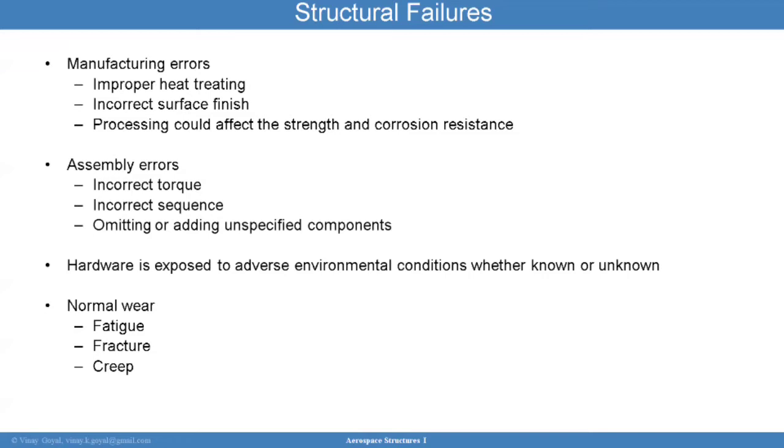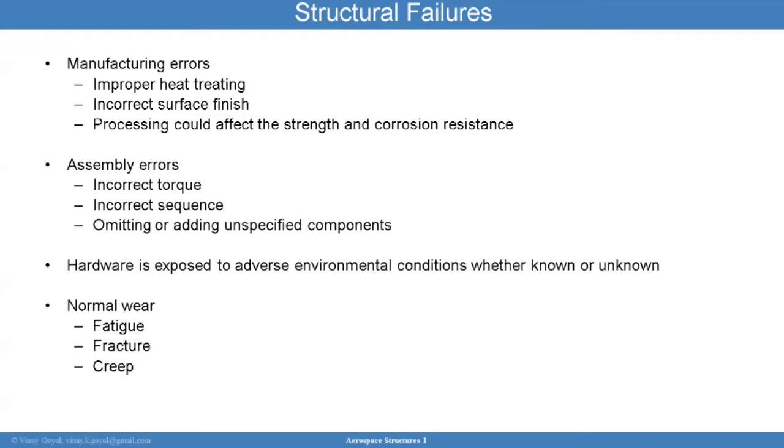Manufacturing errors can also include thickness variations that are outside of the drawing spec. Processing can also affect the strength and corrosion resistance. We could also have situations where we have assembly errors. You could have the incorrect torque, the incorrect sequence of how everything is getting put together.